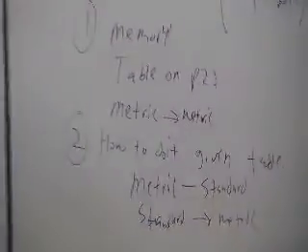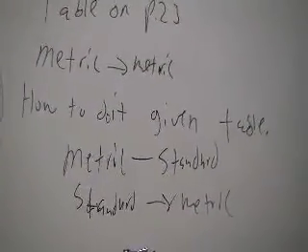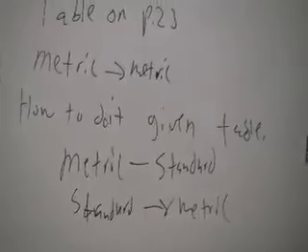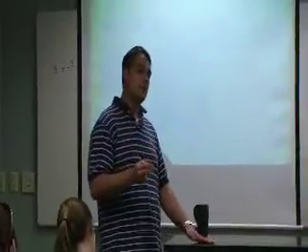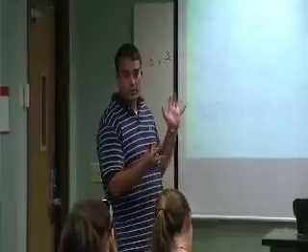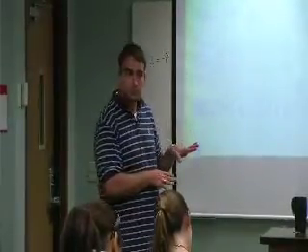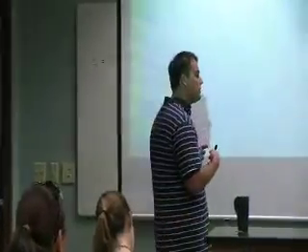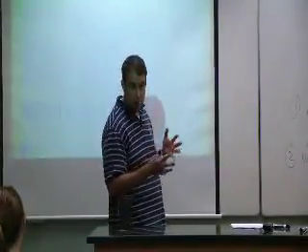In other words, I do not require you to know how many grams are in a pound, or how many meters are in a mile. If you need something like that, it'll be given to you. It won't be next to the problem saying, please use this number to work this problem. It'll be on a big table in the back. And we've not done any of those yet, by the way. I'm just telling you what to prepare for.